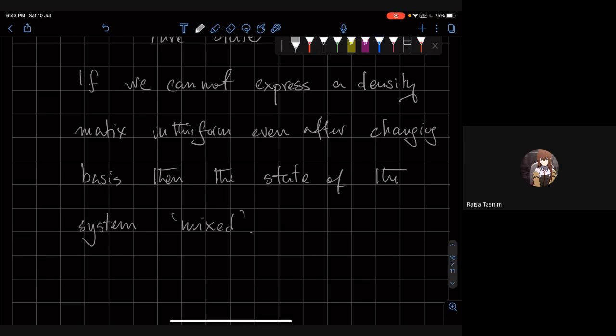So non-pure states are called mixed. Okay, so we have seen a pure state. Shall we look at a mixed state?